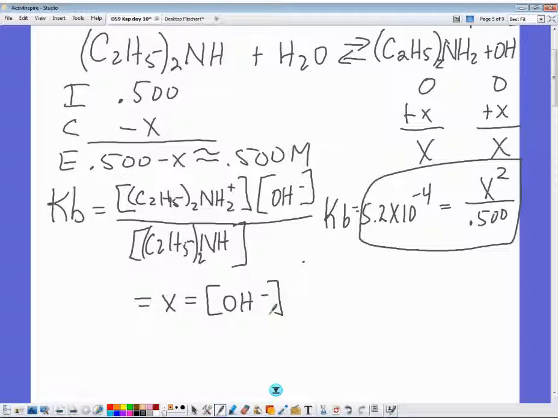So I'm going to have the square root of 2.6 times 10 to the minus 4, which is 1.61 times 10 to the minus 2. That's my hydroxide.